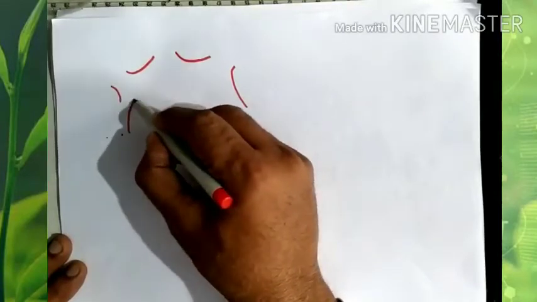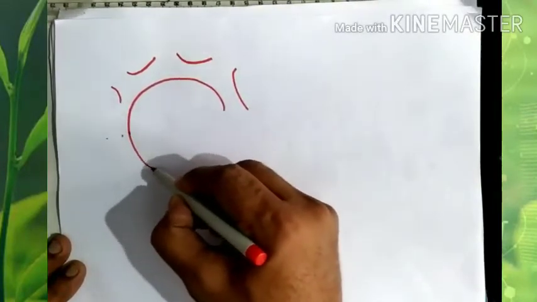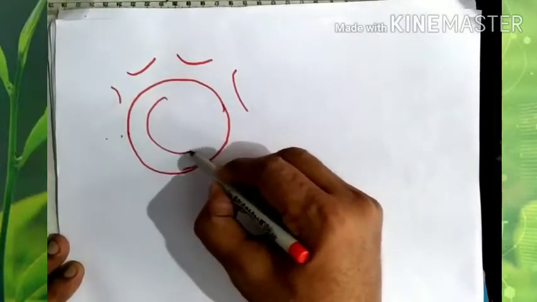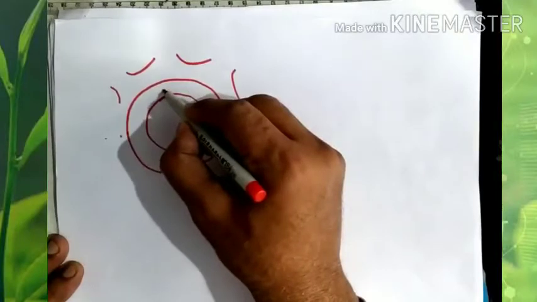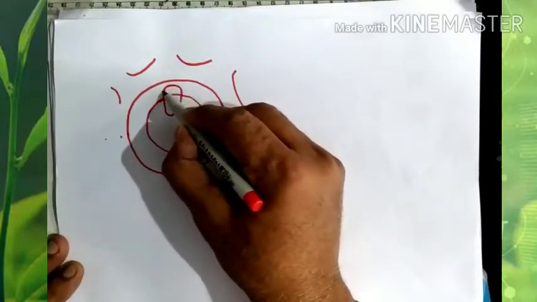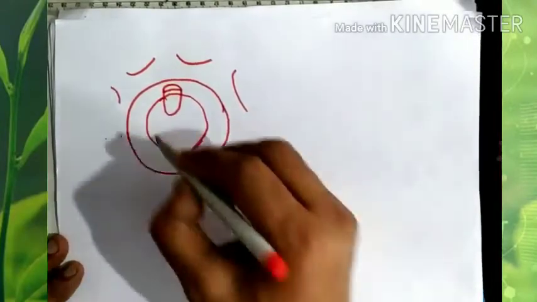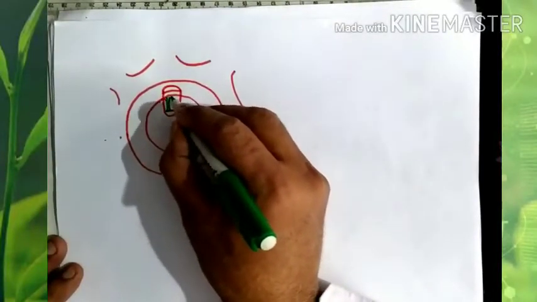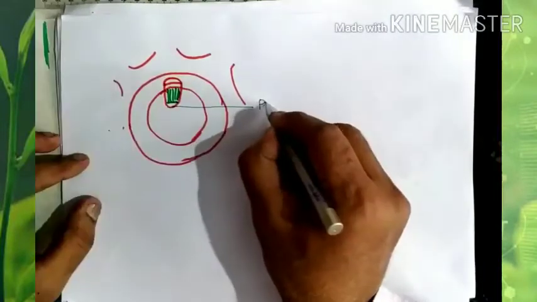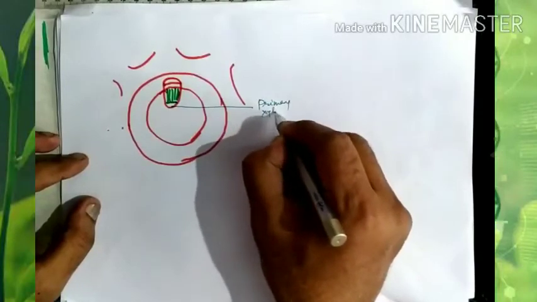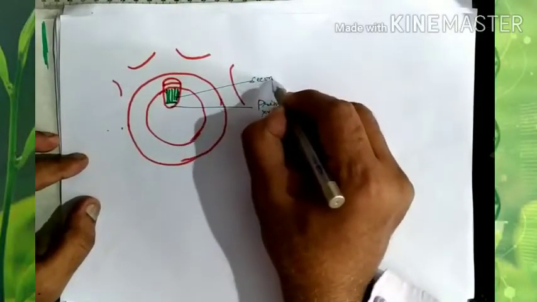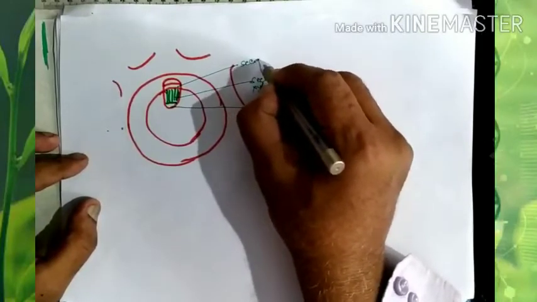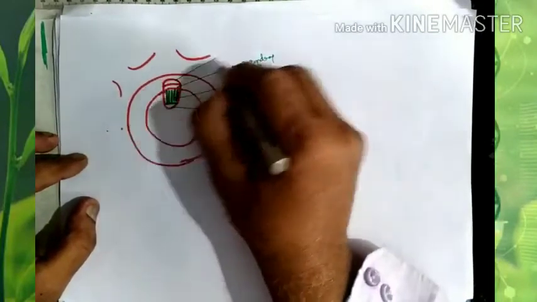in the Aristolochia stem, the final structure is this: at this point, primary xylem, this is the secondary xylem, this is the secondary phloem, and this is the primary phloem.